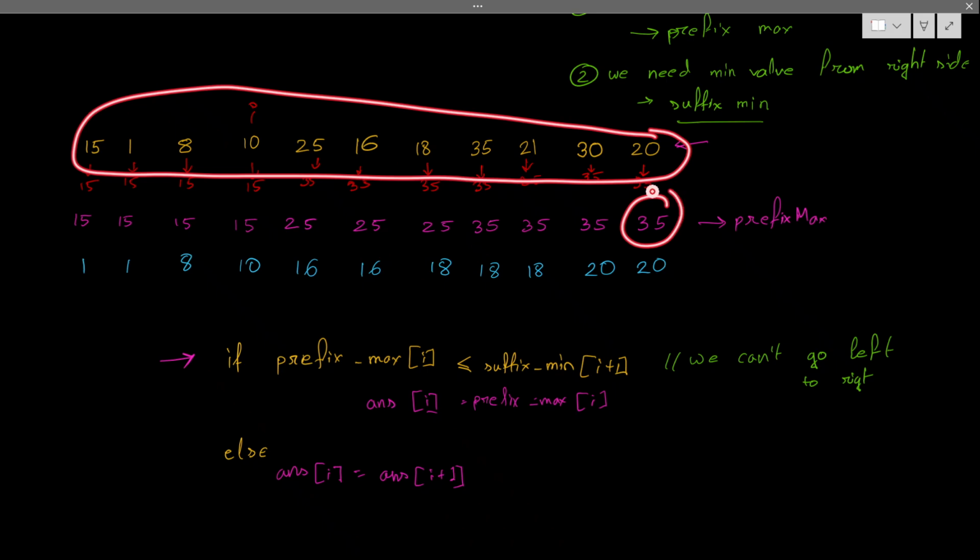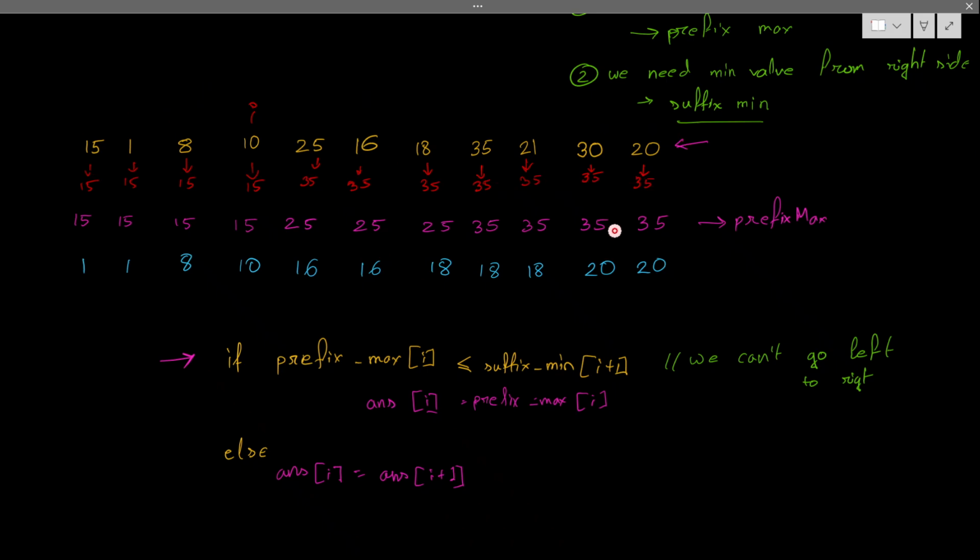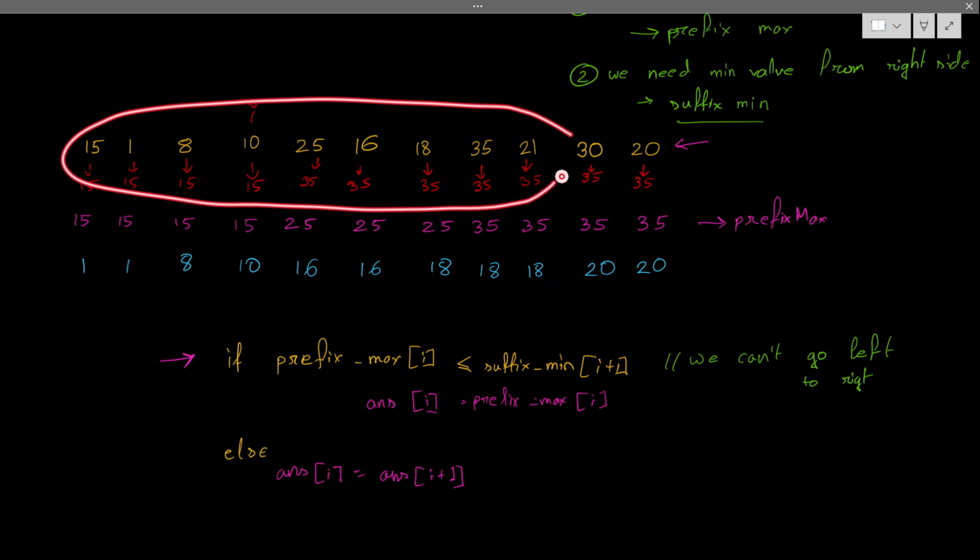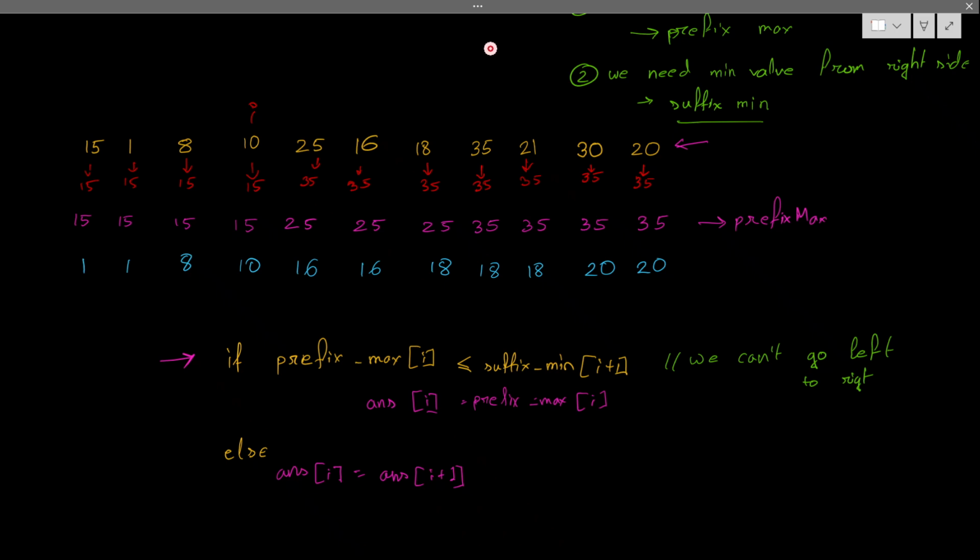That is nothing but the prefix max of this index position. From this onwards, I have to take the maximum value of the left side. That is 15, and I will take this. And from this maximum value of the left side, I have to find the minimum value for the current index position.